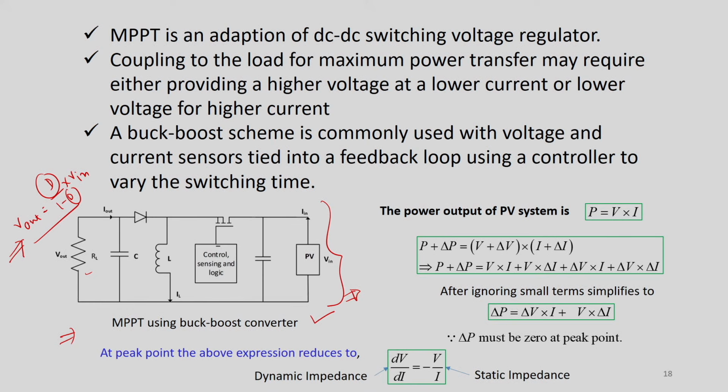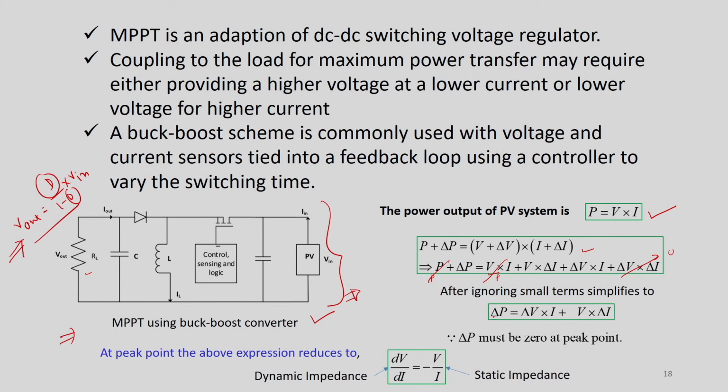If we consider the power output of a PV system, P is equal to V into I. If we consider an incremental increase in power, P plus del P is equal to V plus del V multiplied by I plus del I. If we do the simplifications and ignore the very small terms, this cancels, and V into I is nothing but P, so this is gone.